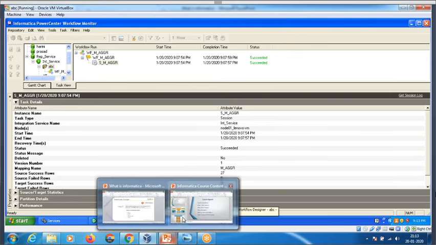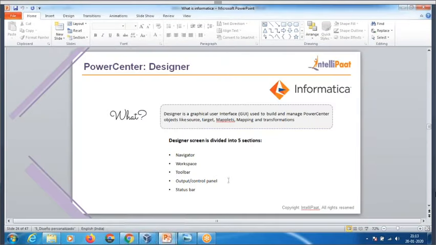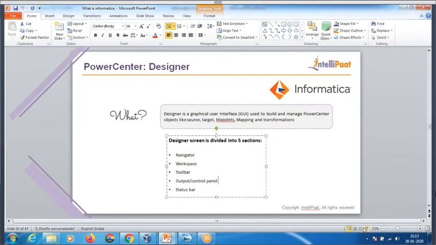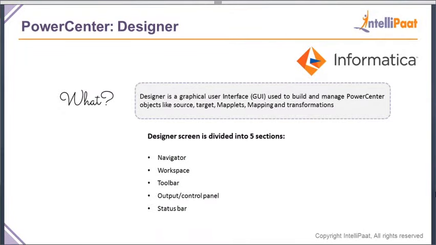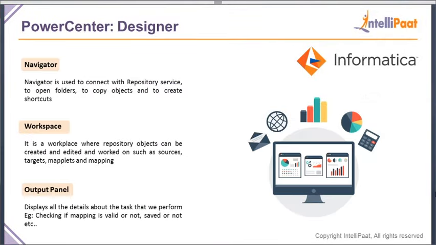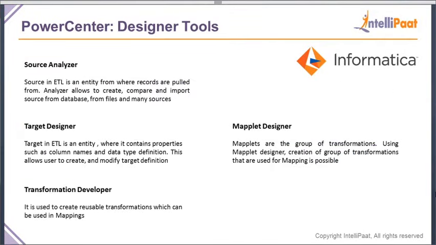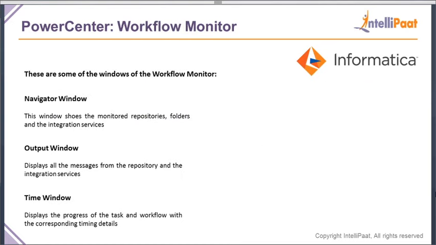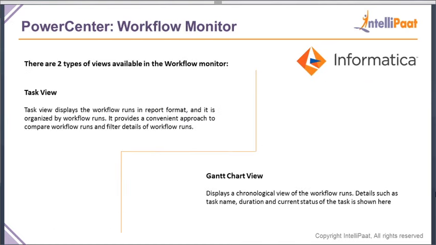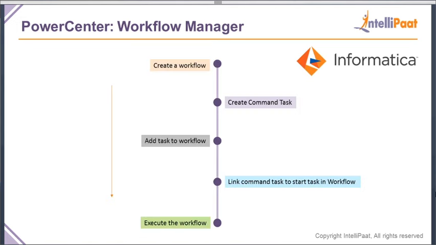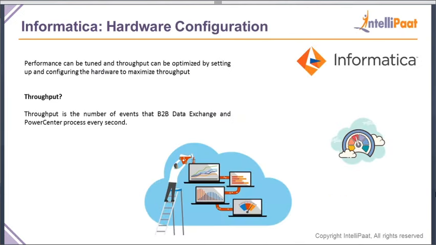So this is the general process we have. So any questions you have here? These we already discussed: output window, task view, create workflow, tasks and all on the workflow designer.